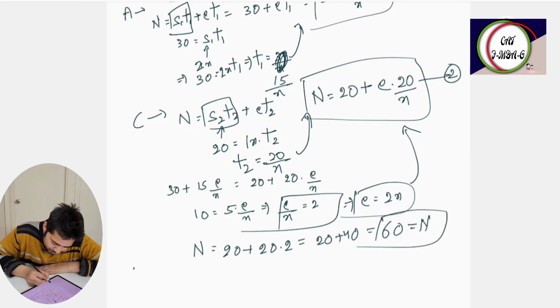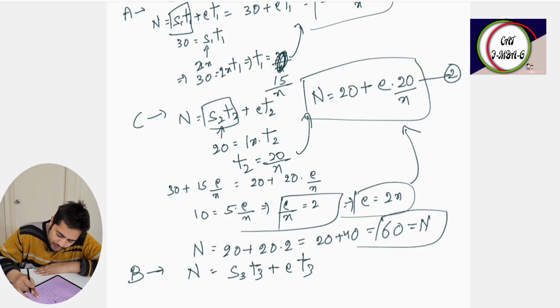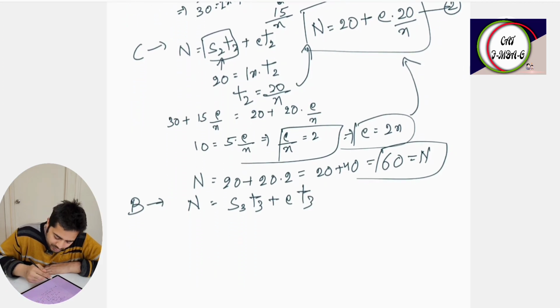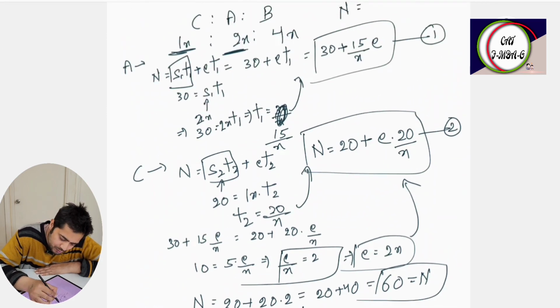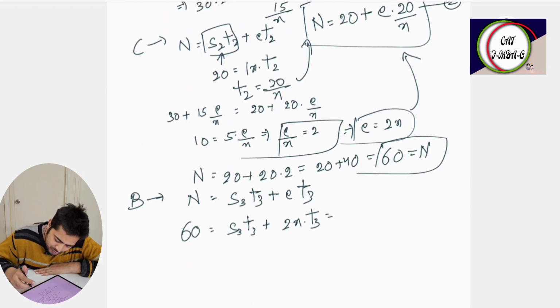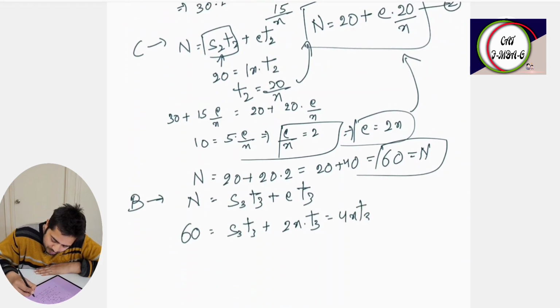Let us see for B. For B, N is equal to S3 T3 plus E T3, and we have to find out S3 T3. N is equal to 60, and E is equal to 2x. S3 for B is actually 4x, so 60 is equal to 4x T3 plus 2x T3, which is 6x into T3.